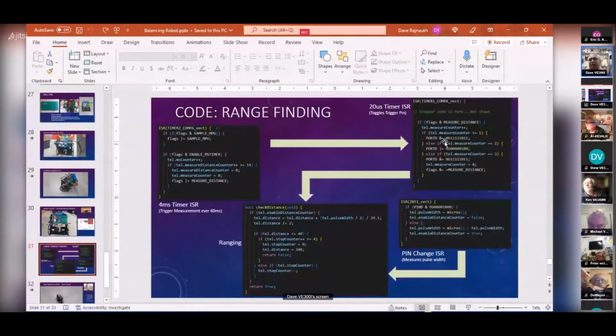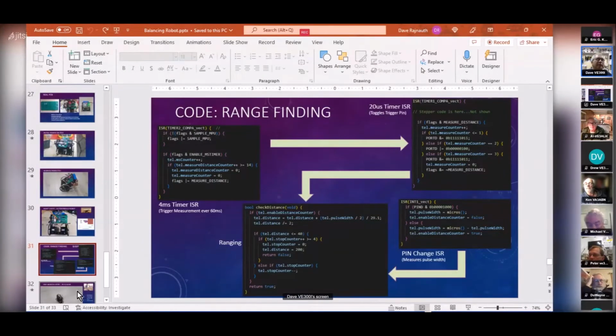That trigger pin has to come up for 10 microseconds to say take a reading, and then I have an interrupt driven on the echo pin, and I measure the microseconds between the time the pin is high and the time the pin is low. And then I calculate. Here's the formula. Notice I have to divide the pulse width by 2, and I make some calculations. And in this, if the distance is less than 40, then I stop the robot.